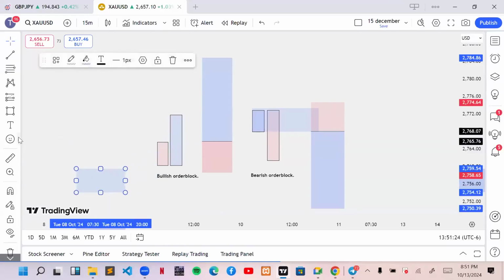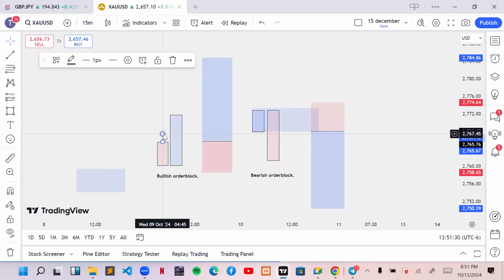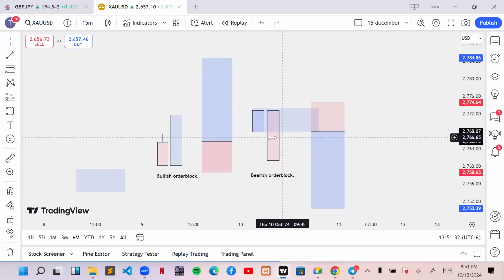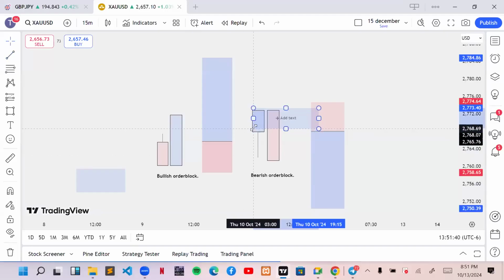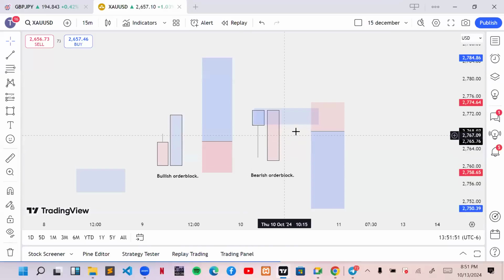For example, if there was a wick here, let's say this is the wick here, something like this, and then this particular one has this kind of wick. This is the candle, then this is the wick. How do you pick your entry for this kind of trade?